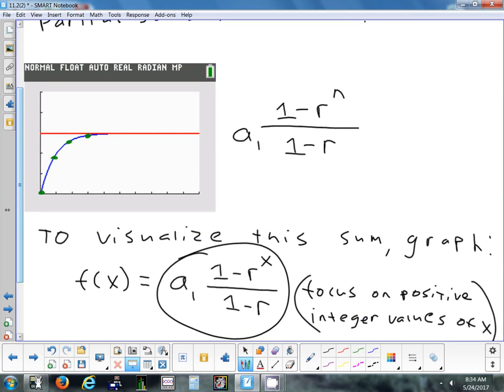Actually, there's no 0th term, I'm sorry. So all you should be seeing is those green dots. Beyond that, they're just going to blend into the red line, so it's kind of hard for me to draw them. So pretend like that blue curve isn't even there. Focus on positive integer values for x.